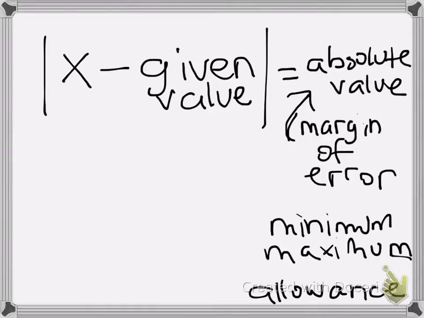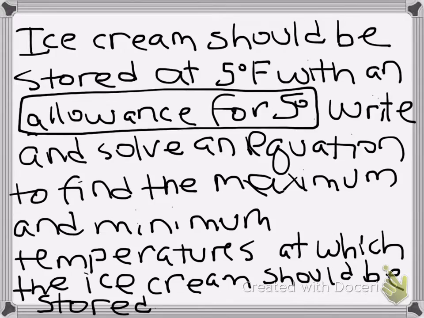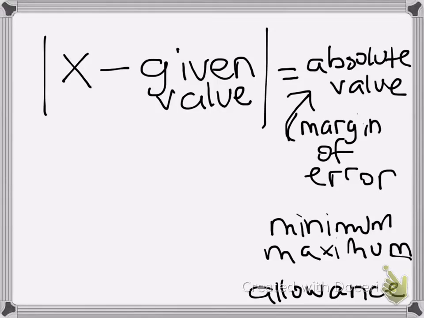Okay, so back to the equation. If I am storing it at 5 degrees, that's going to be my given value. That's what I know. Then it says an allowance for 5 degrees. That 5 is going to go into what it's equal to, because that's where we put the absolute value numbers. So to find the minimum and maximum temperatures, I'm going to plug in 5 for the given value.